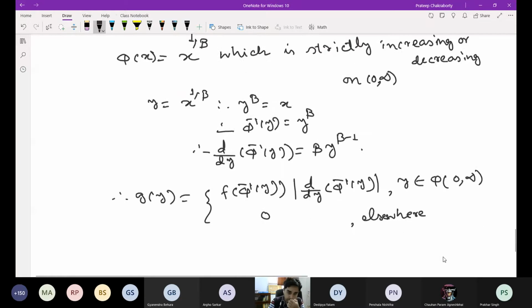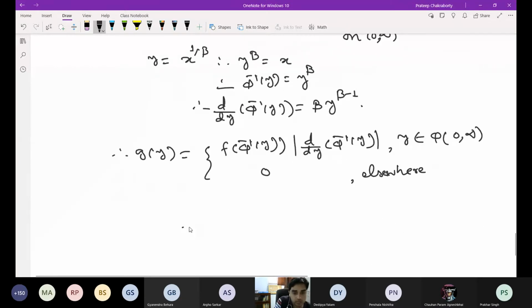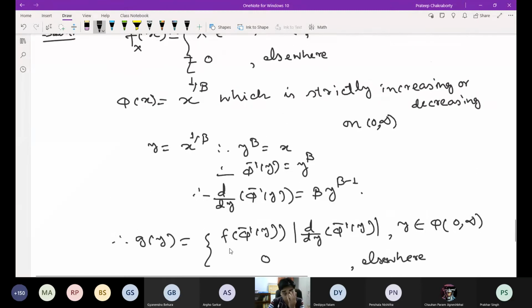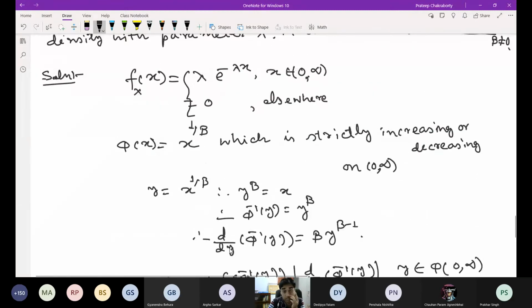So this is equal to, what is f of phi inverse of y? F of phi inverse of y is equal to lambda e power minus lambda x.